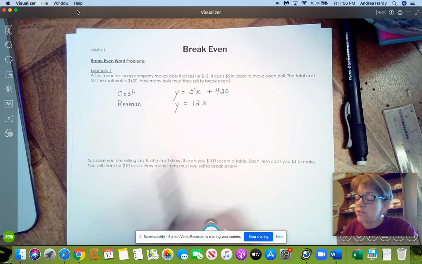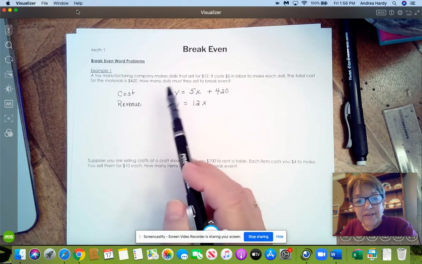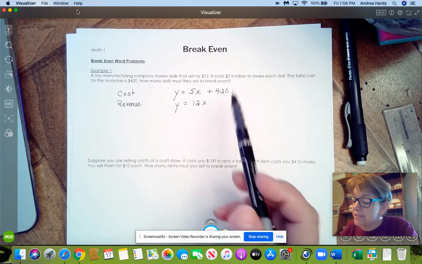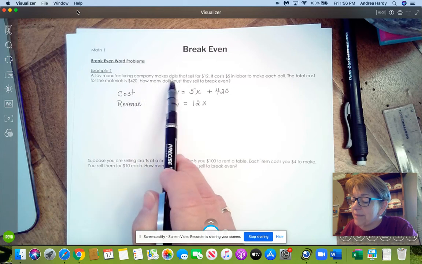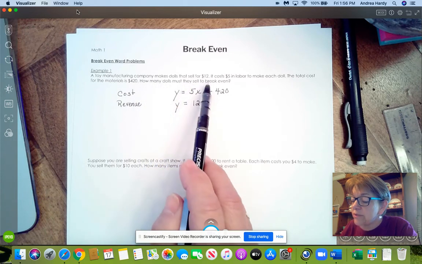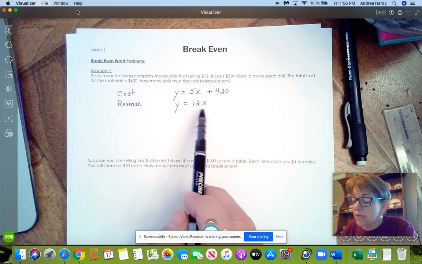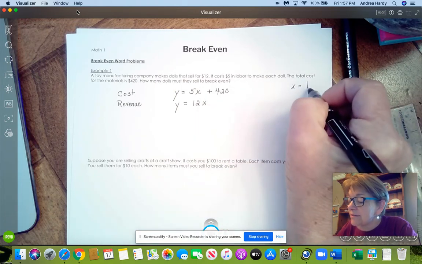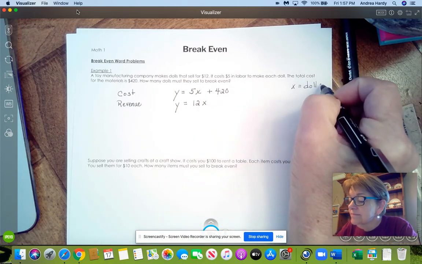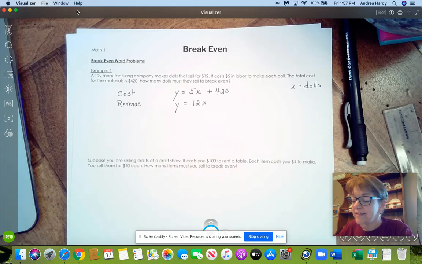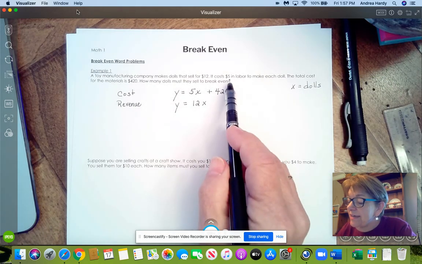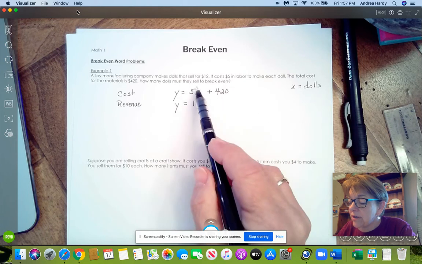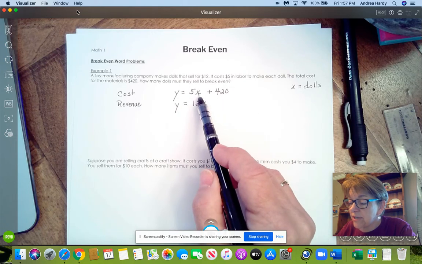Okay? So now let's look at this system of equations. A toy manufacturing company makes dolls that sell for $12, so $12 per doll. Right now, x is going to be our dolls. Okay, we've declared that. It costs $5 in labor to make each doll, so $5 for each doll.